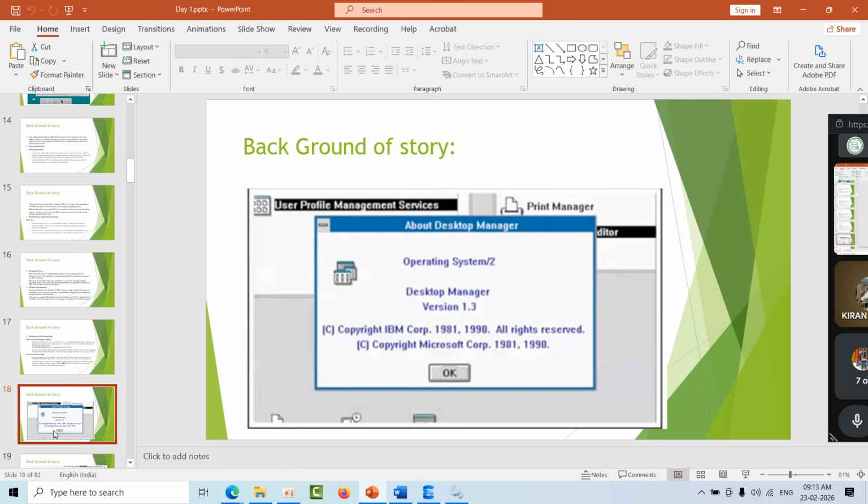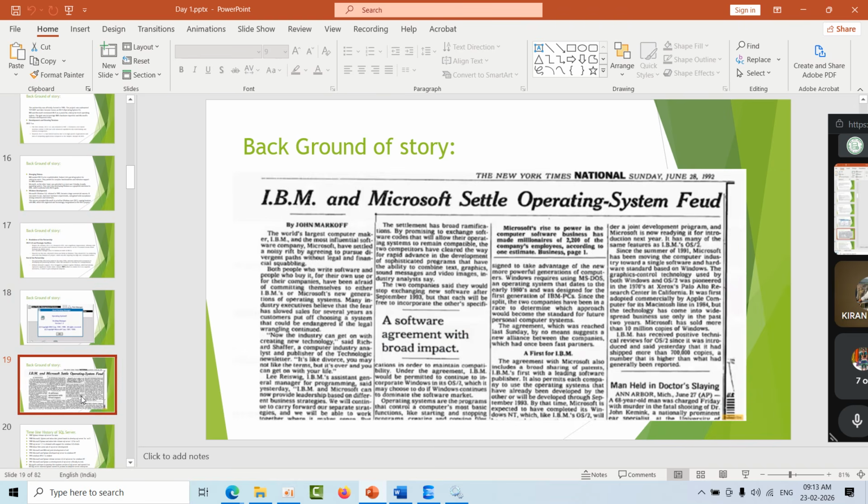Now, when IBM and Microsoft developed OS/2, if you see here, copyright IBM Corporation and copyright Microsoft Corporation, it means both are having copyrights on the operating system OS/2. Now they fought over the code. You know how code works, and the delays and everything.